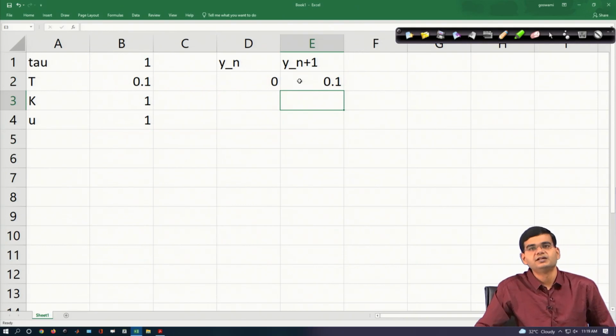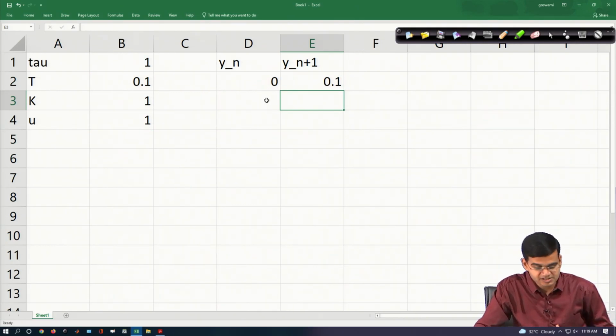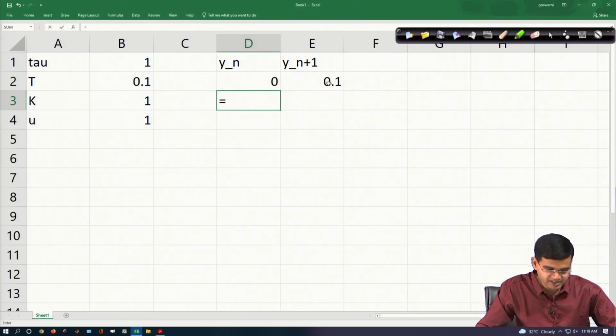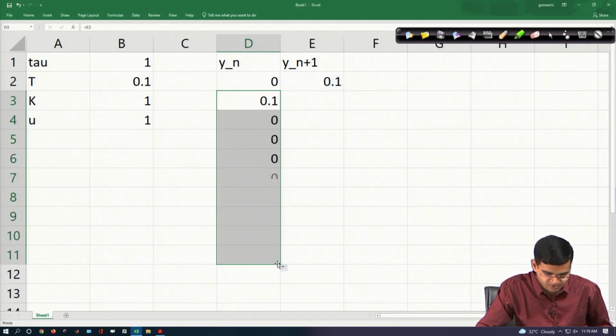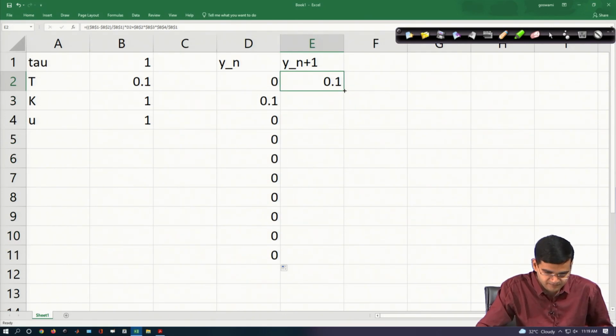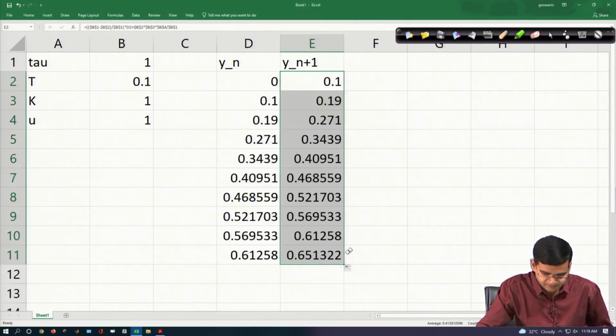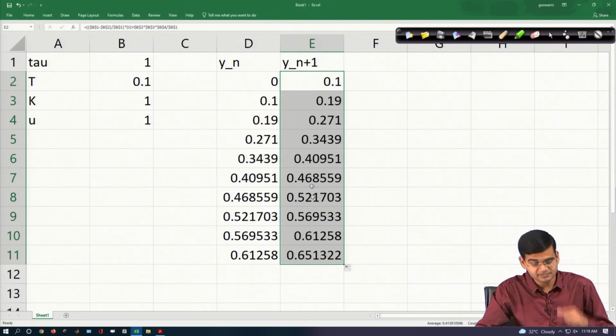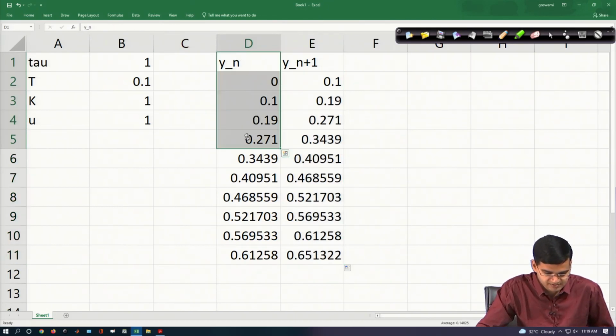Okay. And then what was our recipe to propagate the system? We used to make y 1 as y n plus 1. So, let me see if I can propagate the system like this. Yeah. Then let me simply plot this.